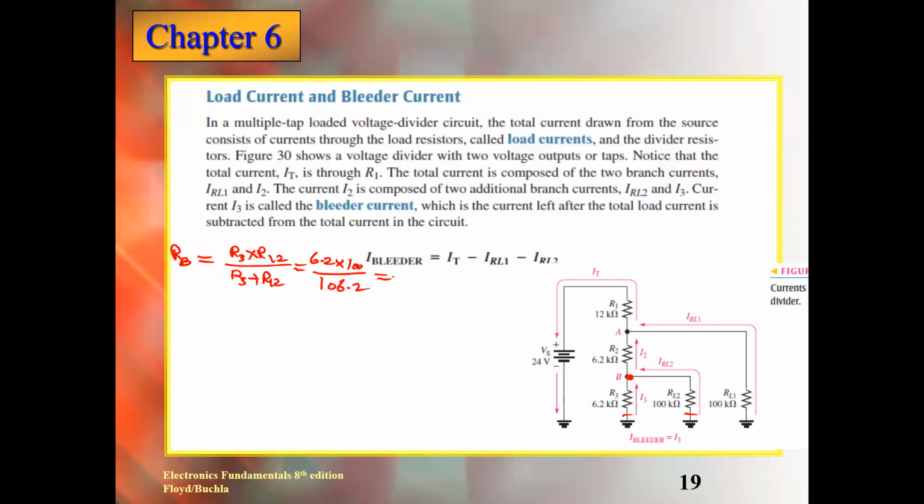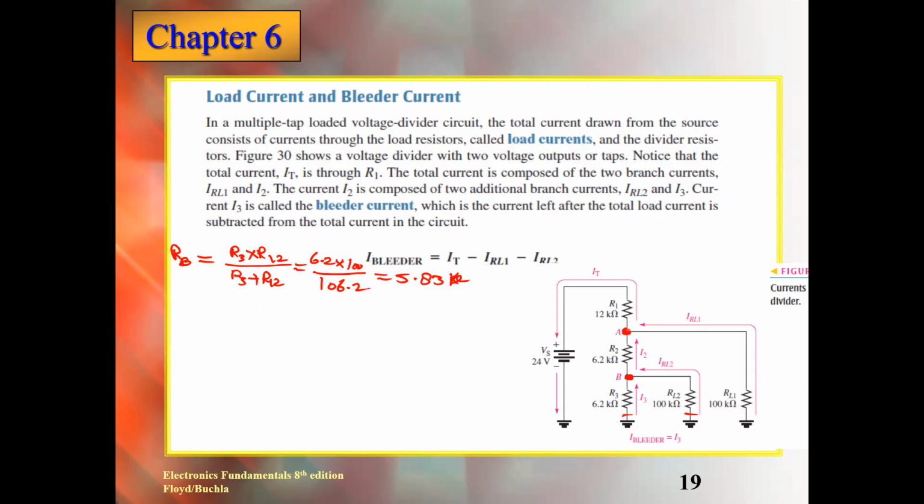Calculate how much RB is coming. 5.83. 5.83 kilo ohm, right? Kilo ohm.